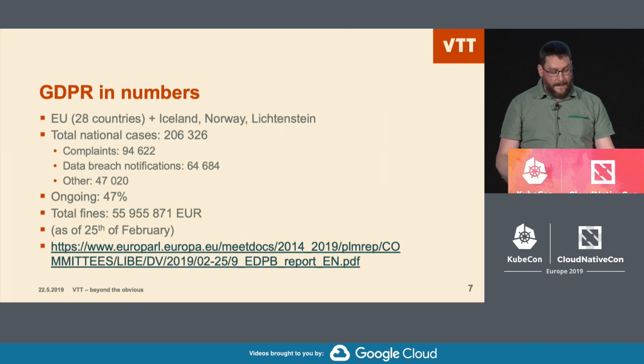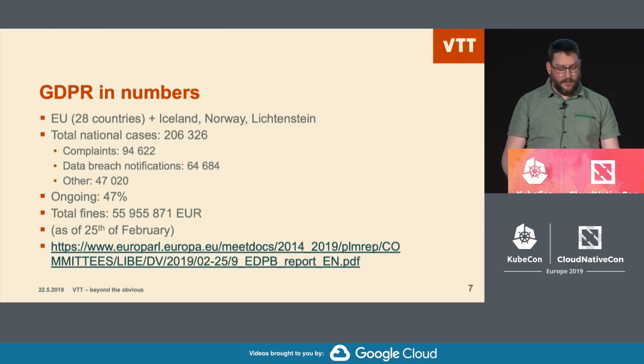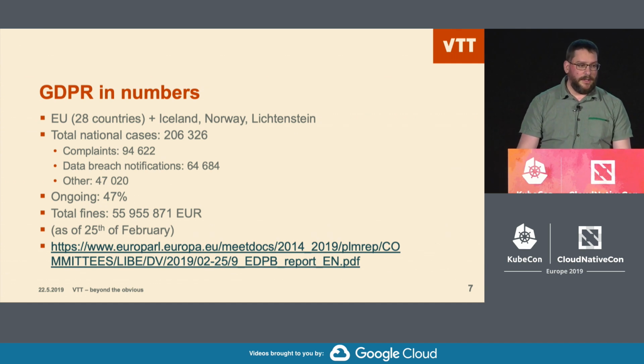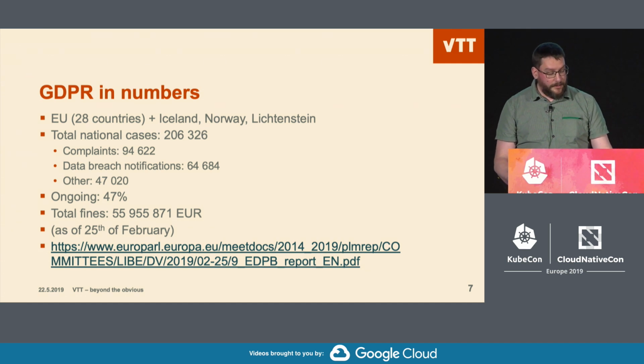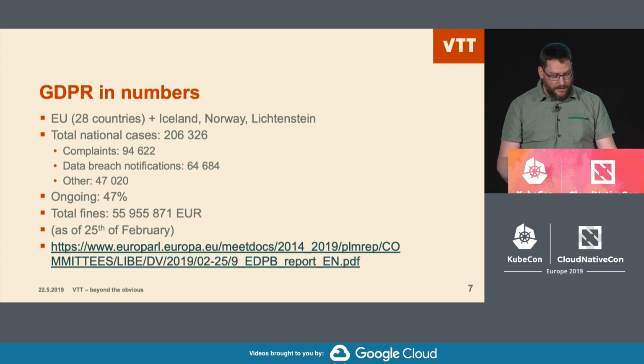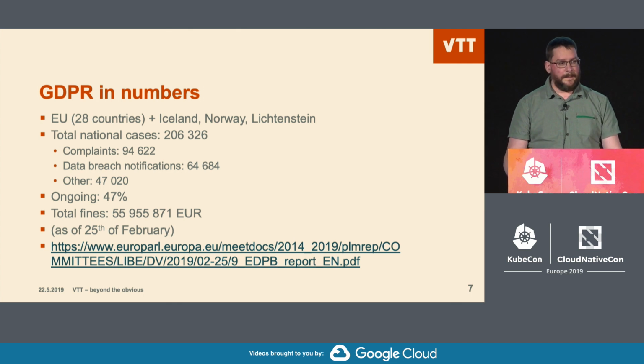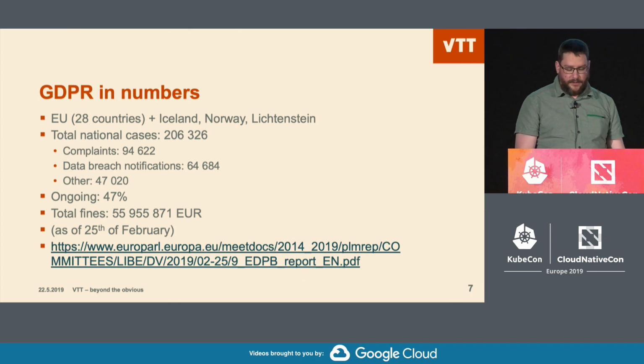And so far, the EU has sent out fines in the count of $55 million to these companies. If you are interested in the absolute details, you can go to this link on the site, and that's the place where I got this.